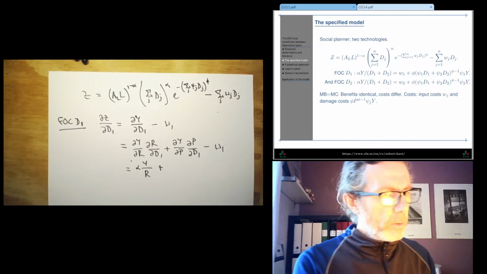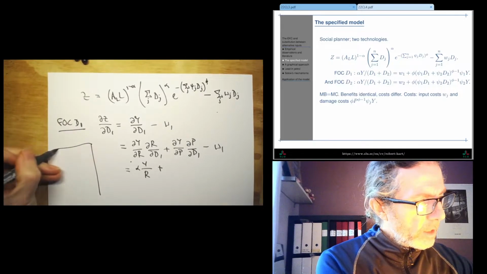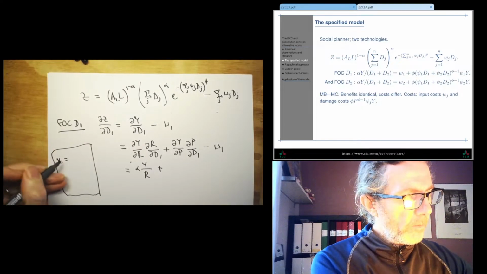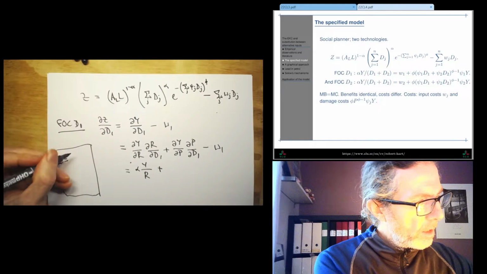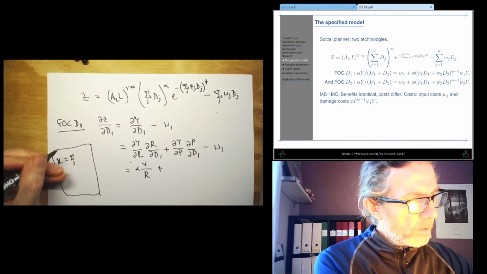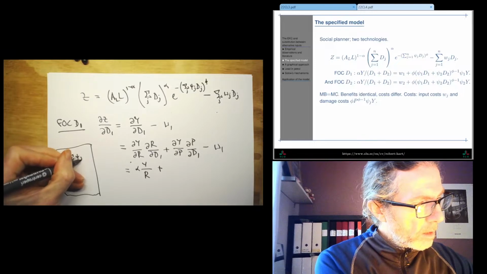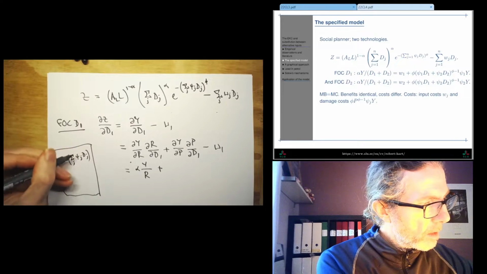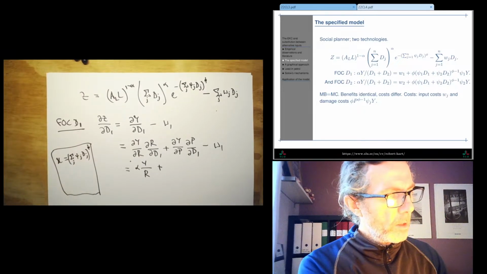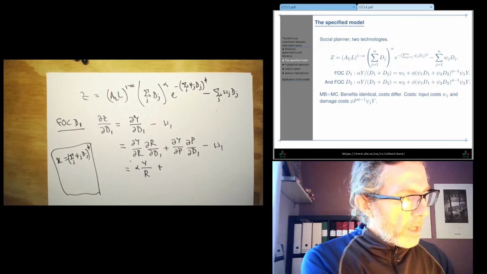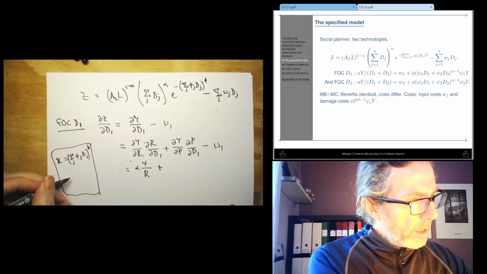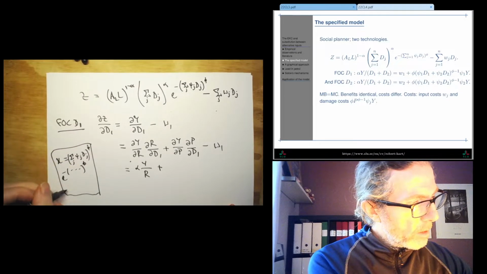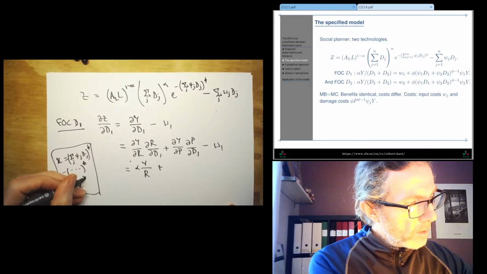I think what I'm going to do is say, in an aside, to explain this, let's say x, so I'm defining something new which I call x, is the sum over j of psi j dj, all to the phi. So then e to the minus that, e to the minus blah blah blah to the phi, we can write as e to the minus x.